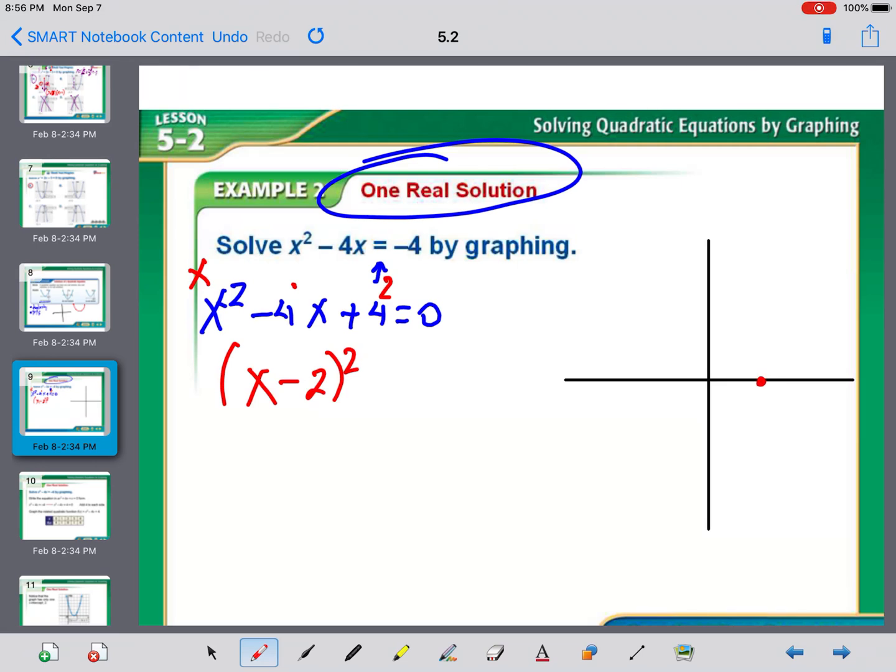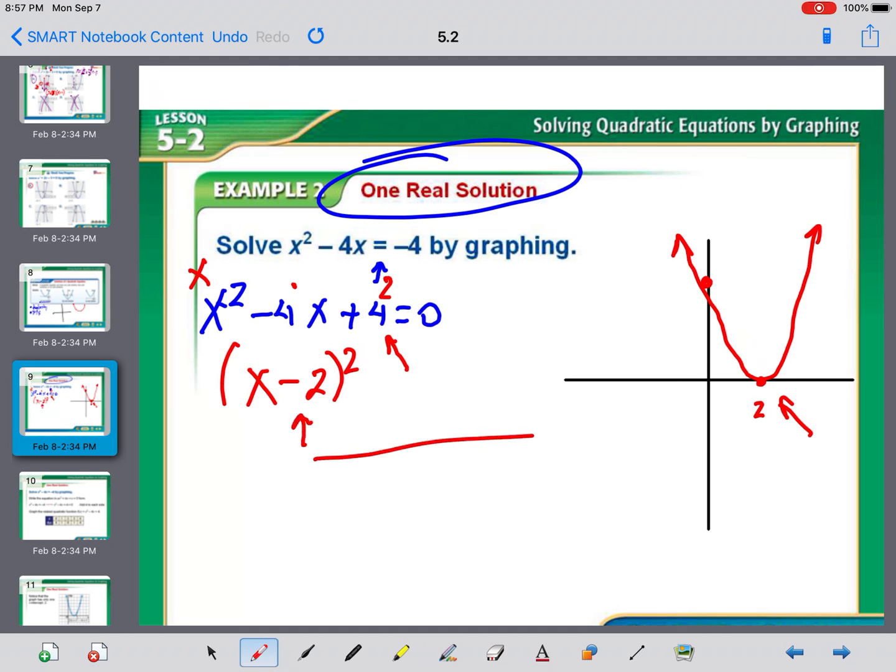So that's going to be x minus 2 squared, right? x and 2 with the middle sign in the middle. So that means over here at positive 2 is where the vertex is going to be. It's where the solution is going to be. You can probably see right here that the y-intercept is at 4.